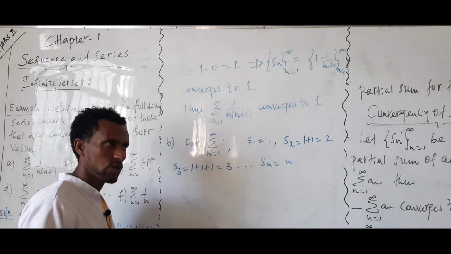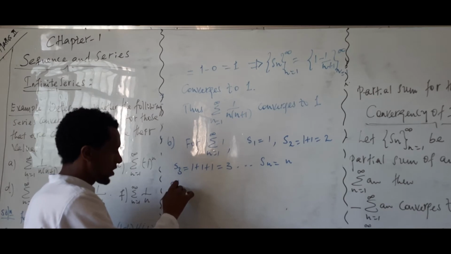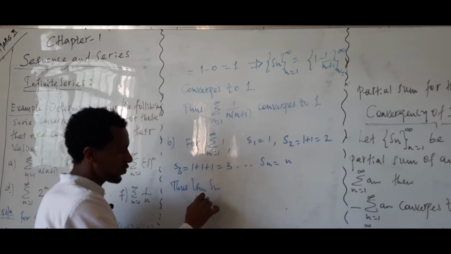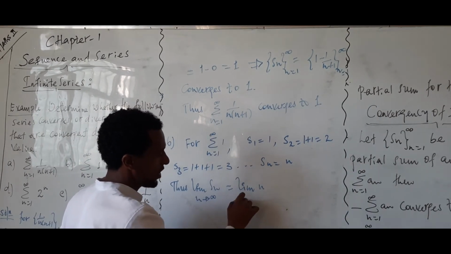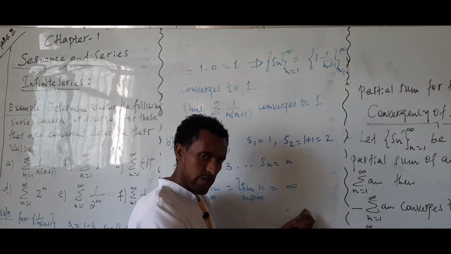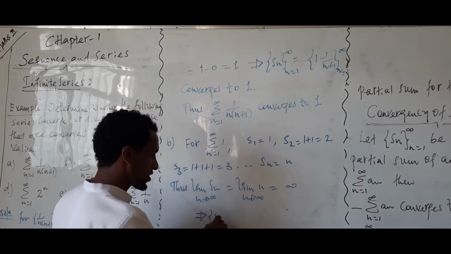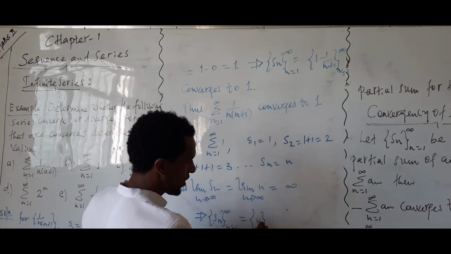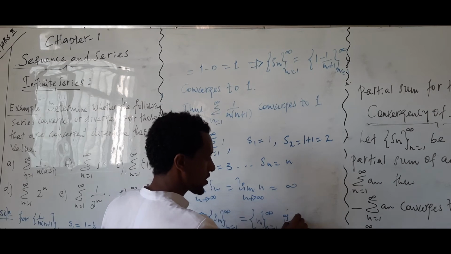Thus, the limit of Sn as n goes to infinity is equal to the limit of n as n goes to infinity, that is equal to positive infinity. This implies the sequence of partial sums Sn, n from 1 to infinity, is divergent.